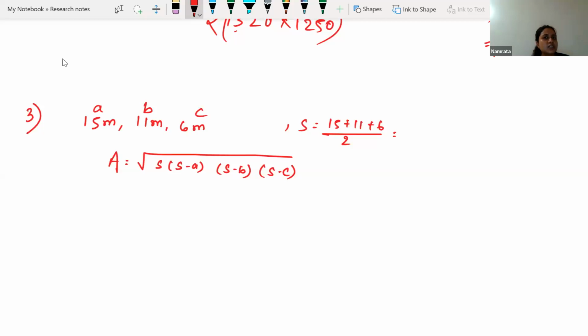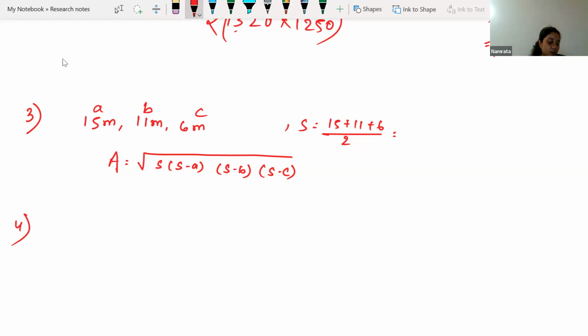It's very simple, right? I'm leaving this for you. Please do it, because we simply have to put everything in the formula and then calculate the square root.